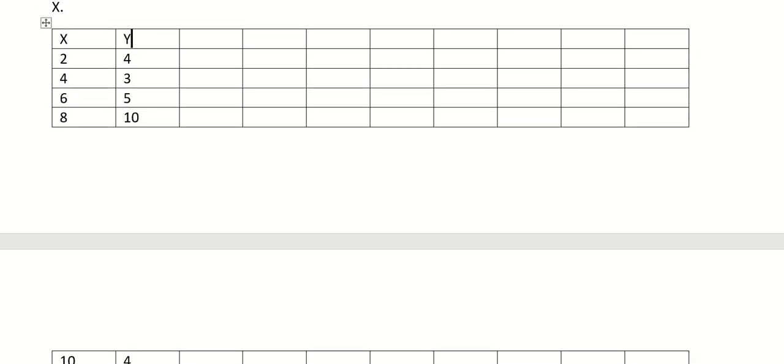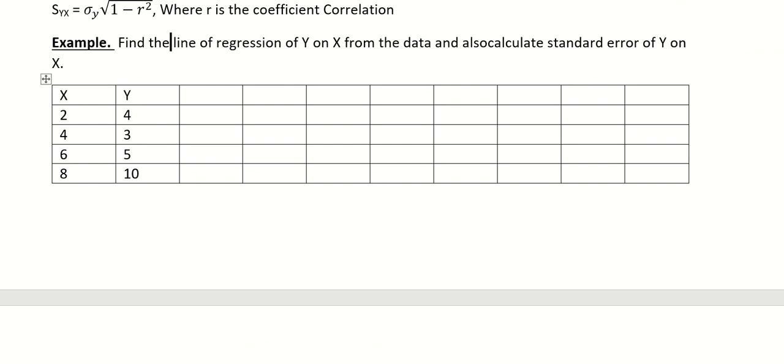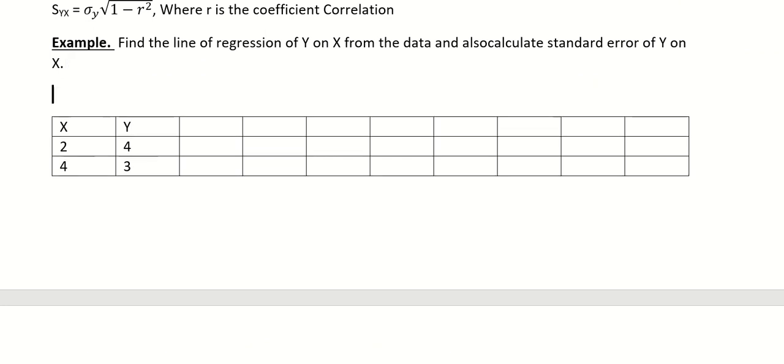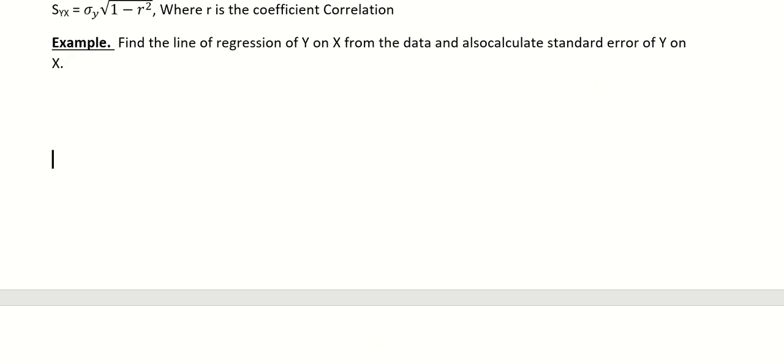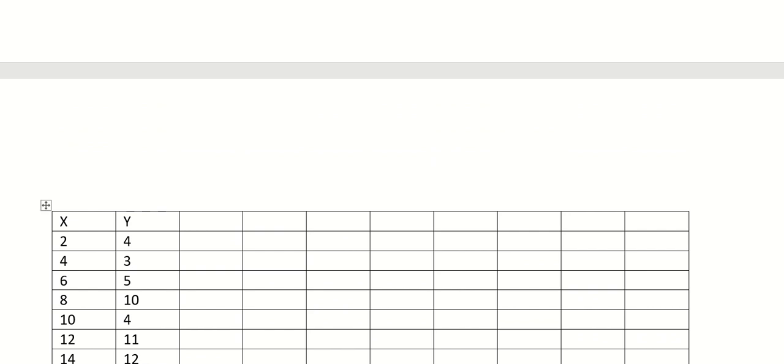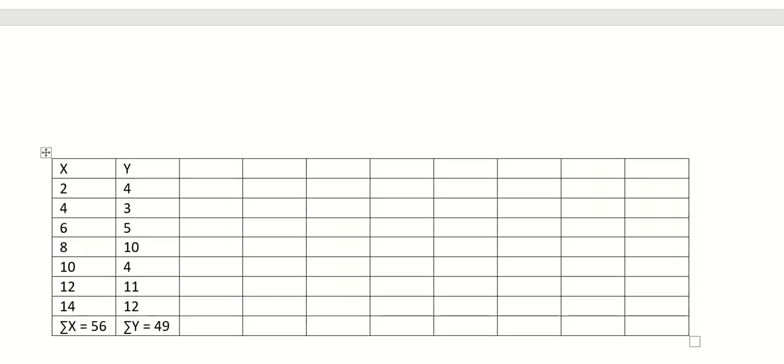Now we have to calculate standard error. So now first we need to calculate x square and y square. So here we will calculate x square.